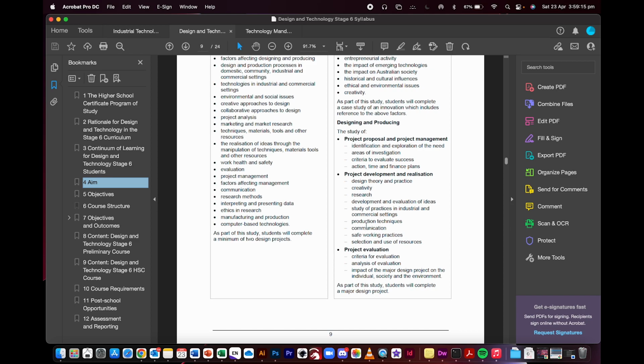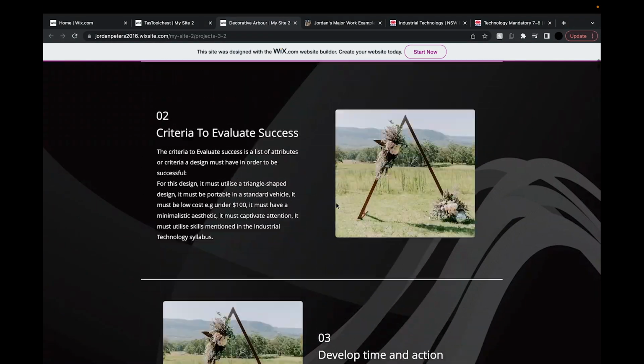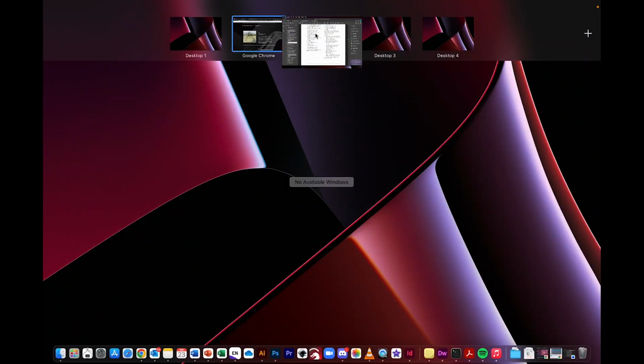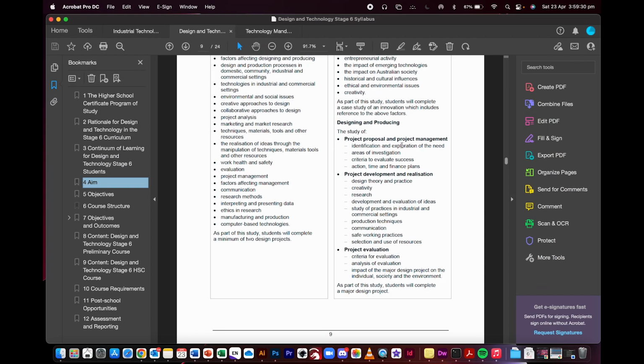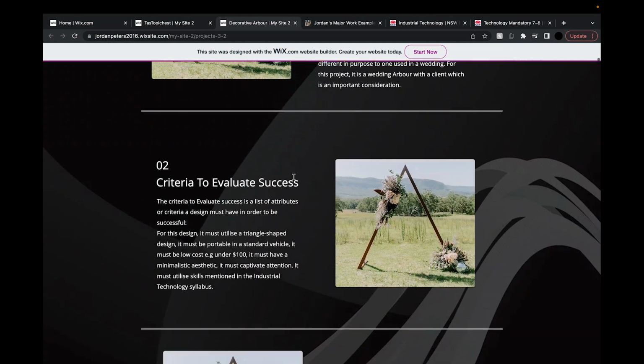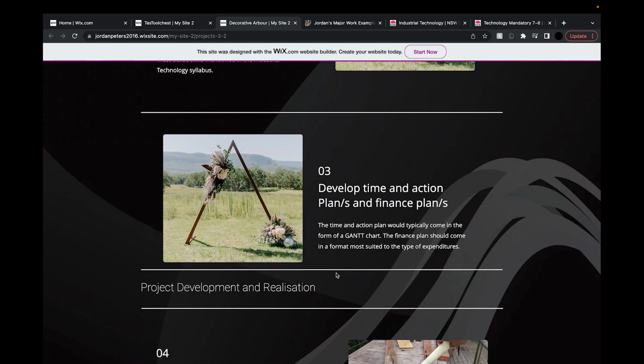It's more about the joints, more about the actual woodworking skills rather than the design process. So as you can see, I've included the identify its use, which is consistent with the identification and exploration of the need. And then criteria to evaluate success, and then a time and action plan as well.